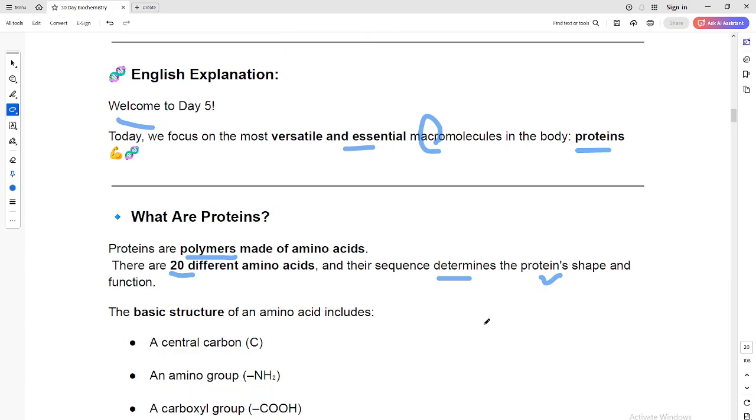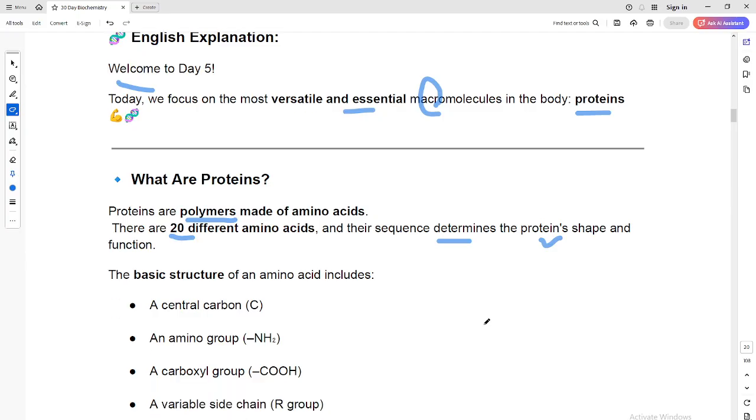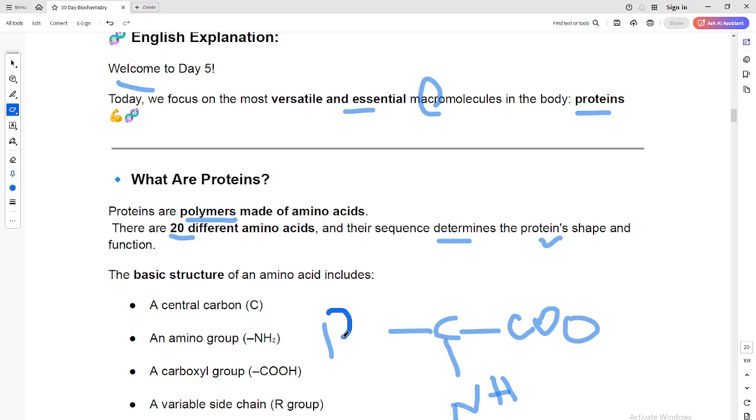The basic structure of an amino acid includes a central carbon connected to a carboxylic group. This alpha carbon is connected to an amine group, and there is the residual of the molecule, which will be the R group.